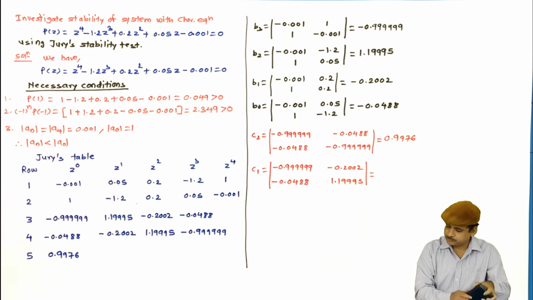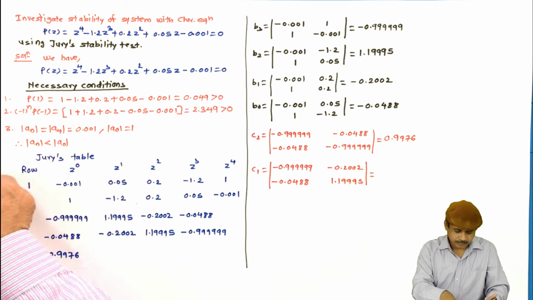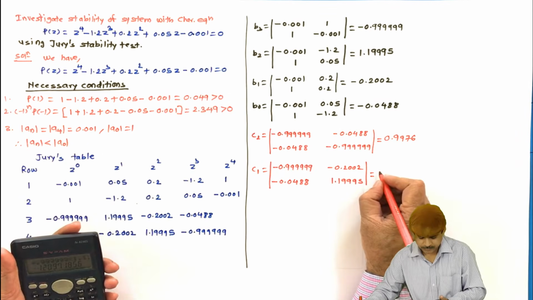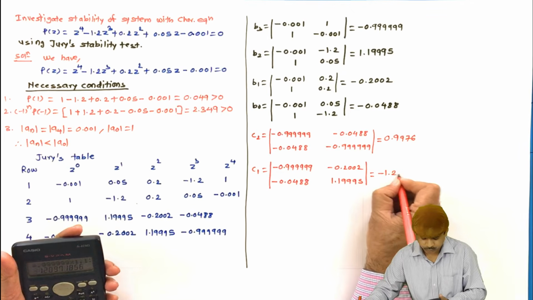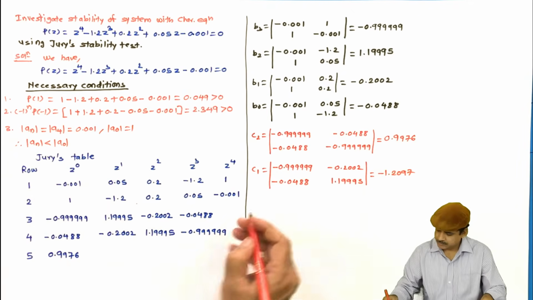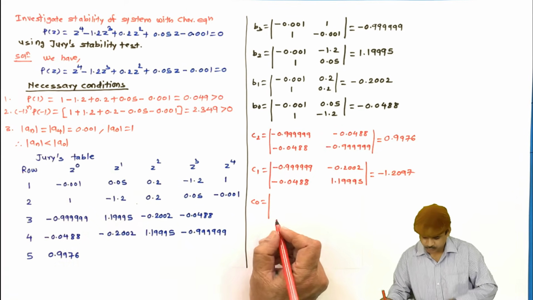And this is equal to minus 1.2097, and then C0, these two and these two.